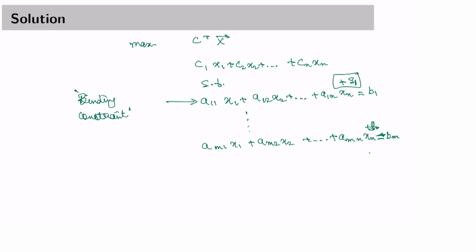Meaning of binding constraint was that there is no slack available in this particular resource. This resource is indicating availability of machinery, let us say, and at optimal point you find that S1 star equals 0.